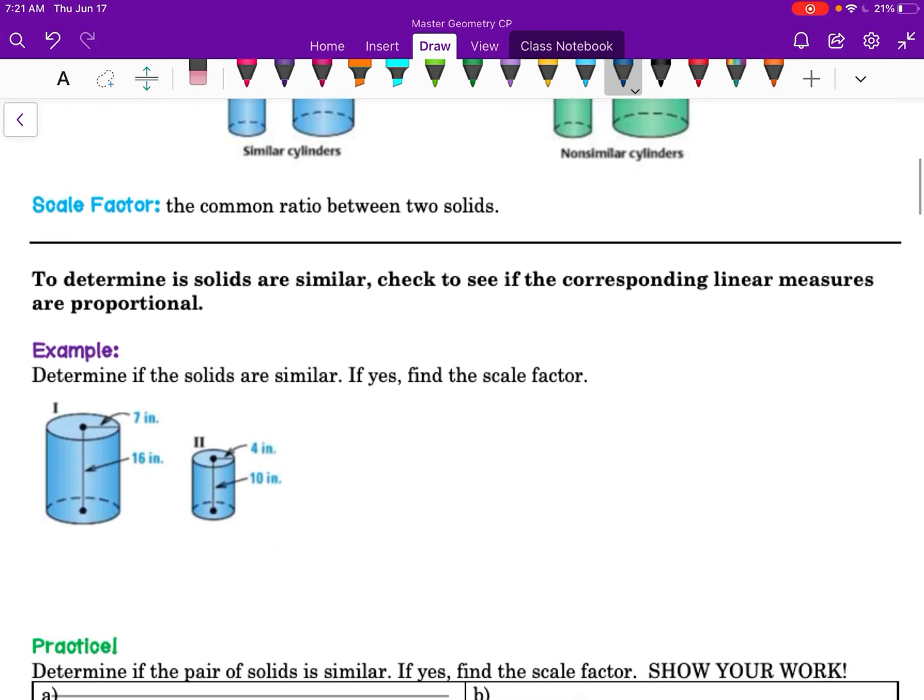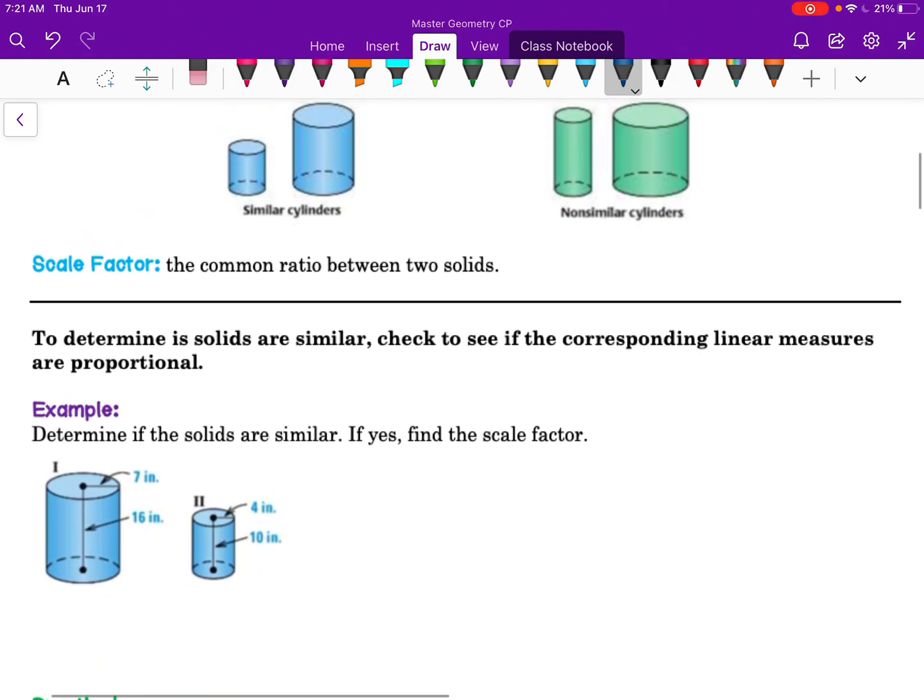So if we take a look at this first example here, we want to write ratios for common lengths. So I'm going to start with my radii. I have 7/4. And then my heights, 6/10.